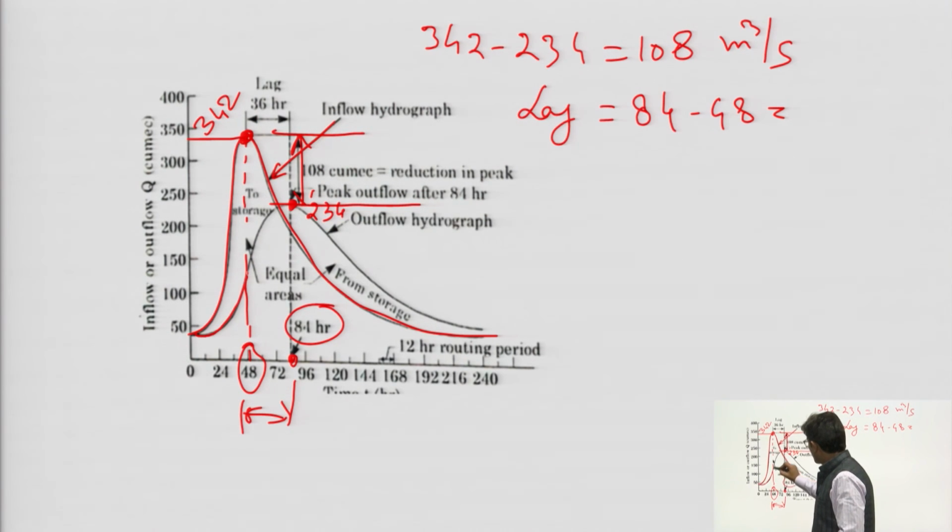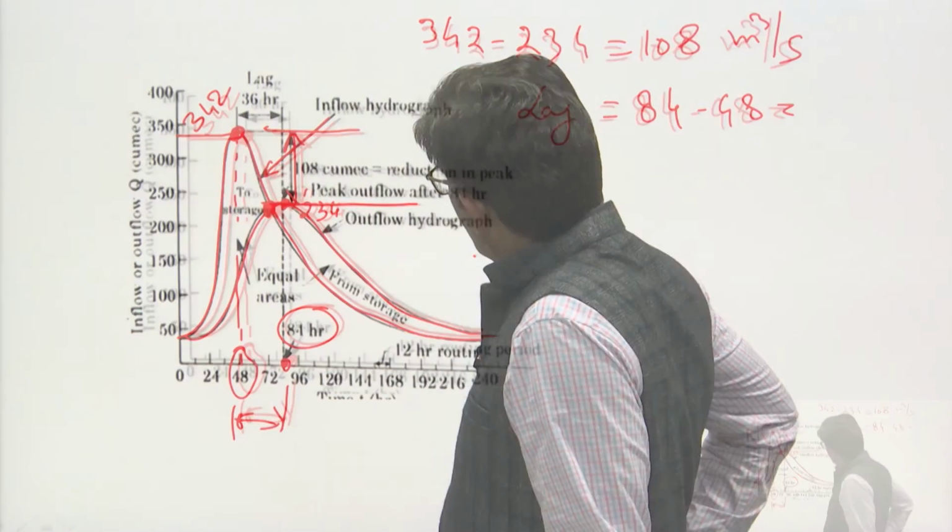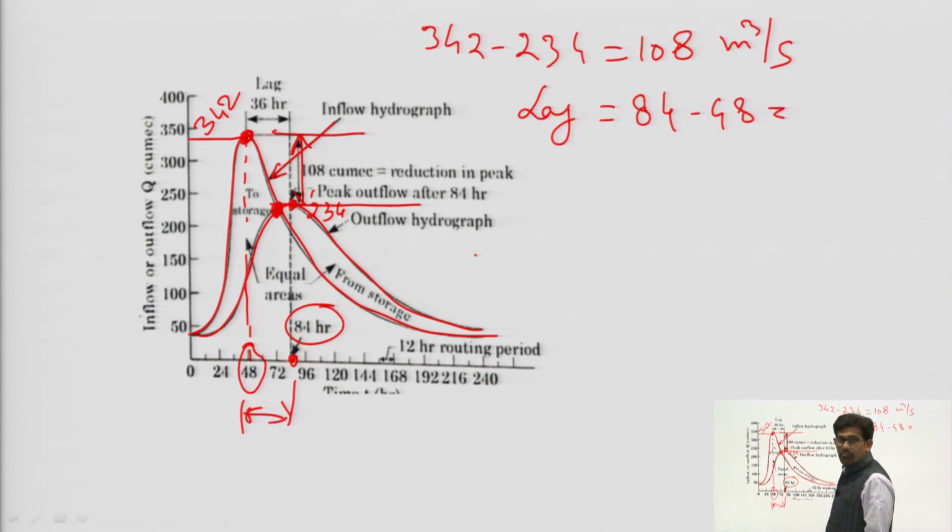One more conclusion: the interception point is here. It means that in this channel the flow is under control, otherwise the peak will overlap at that interception point.